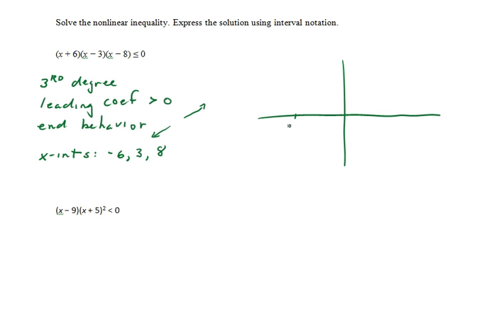So negative 6, positive 3, and 8. The curve is going to come from below to the smallest x-intercept, cross the x-axis, come back down through x equals 3, y equals 0, and then turn back up and continue to increase to the right of the largest x-intercept, which is 8.